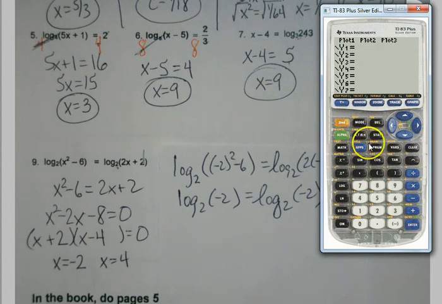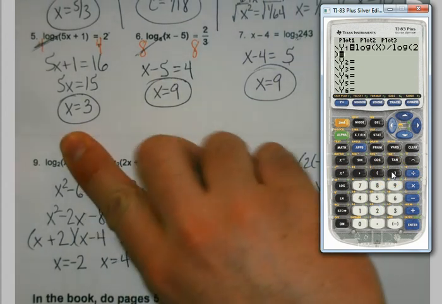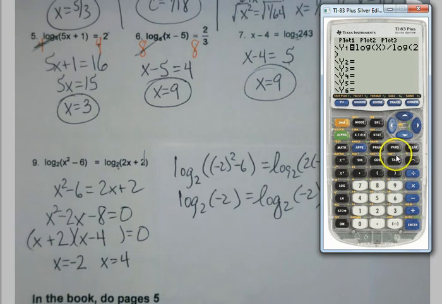If I were to just graph the log, and it was just 2 to the x, so I was just doing log of x divided by log of 2, I wasn't worrying about all the other shifts and things like that. I was just graphing that, okay?